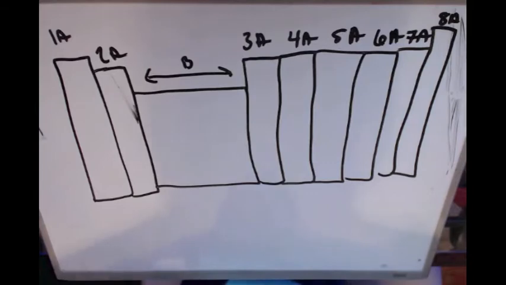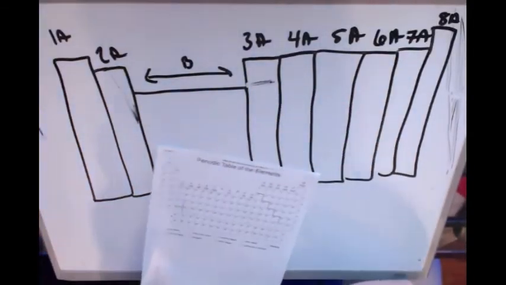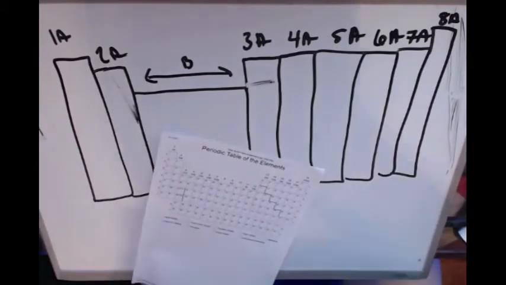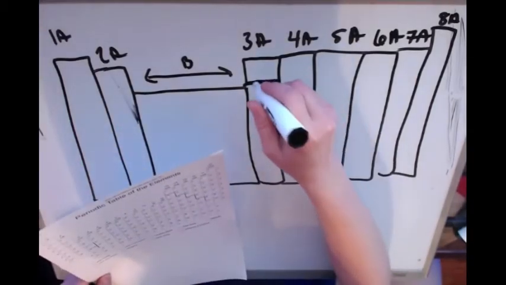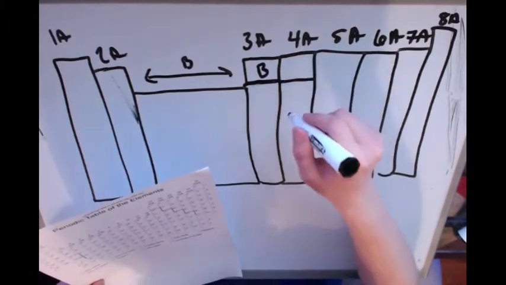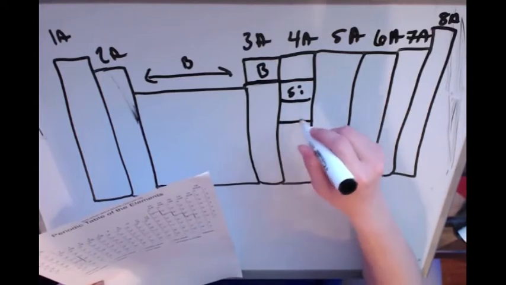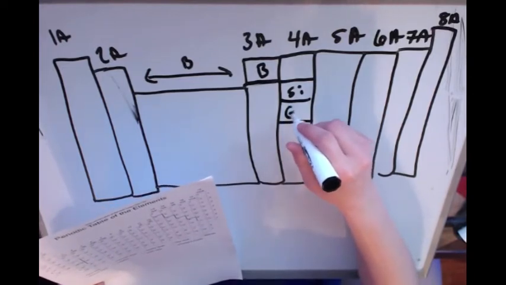On the blank periodic table, I'll start by drawing in my metalloids. This really helps you, the student, commit these to memory, and it helps you get used to viewing the periodic table as a whole.